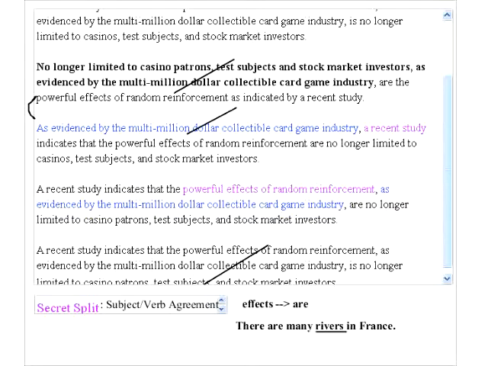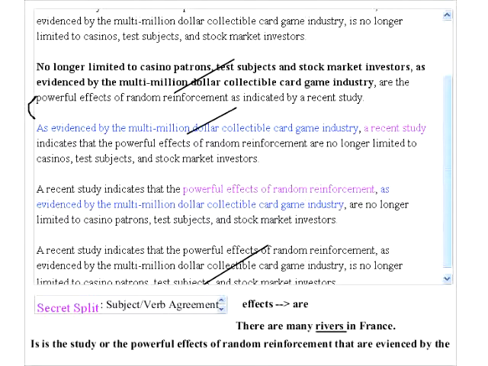And I'll write it down here if there's room. Is it the study or the powerful effects of random reinforcement that are evidenced by the multi-million-dollar collectible card game industry?